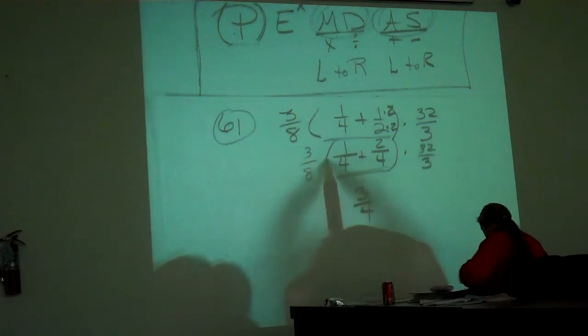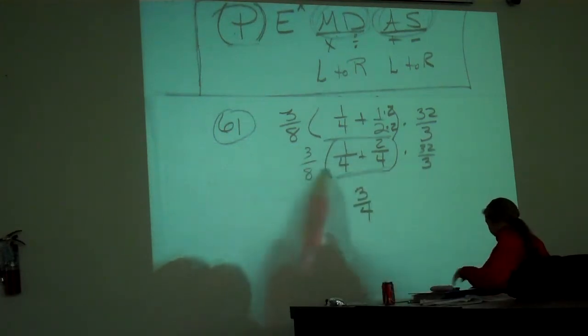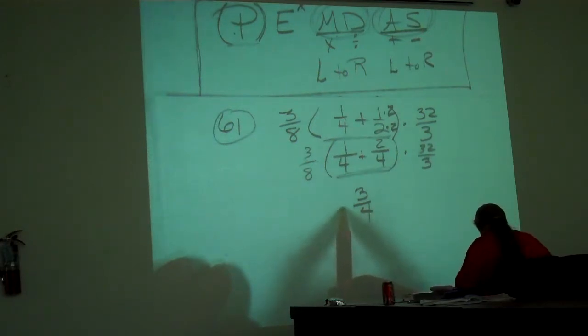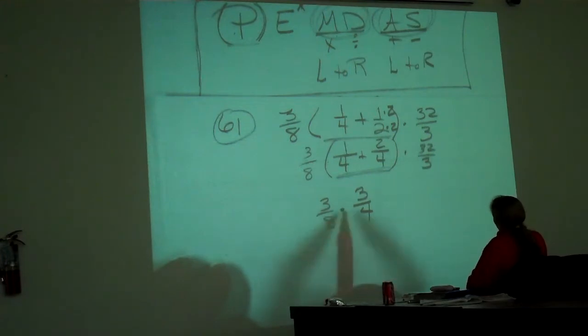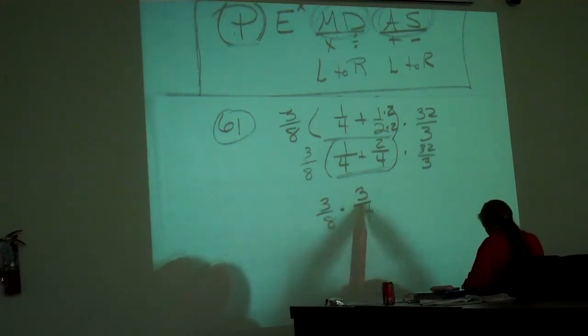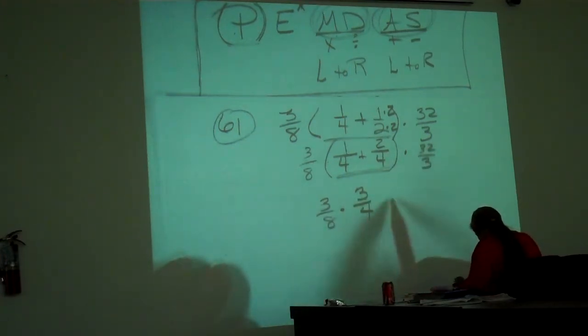Okay, this is touching, there's no plus or minus. What does that mean you're gonna do here? You're gonna be multiplying, so we could go ahead and put a dot, or we could leave this in parentheses. Either way, you gotta remember you'll be multiplying these numbers. Go ahead and write this one down here too.